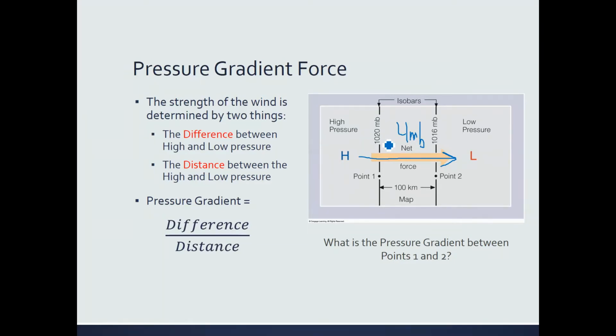And then what about the distance? The distance between the two is 100 kilometers. So to calculate the pressure gradient force, you simply take the difference, that 4 millibars, and divide it by the distance, which is 100 kilometers.